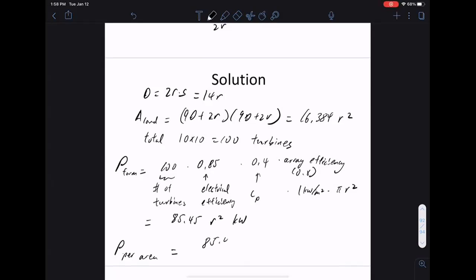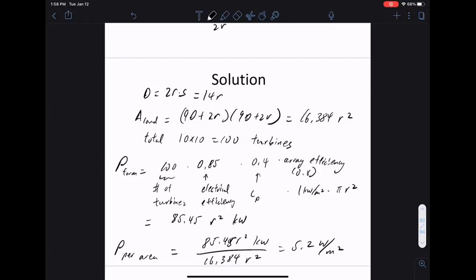Then I have the power production per area: the power I can generate over the total amount of land area I need, divided out, is 5.2 watts per meter squared. So this is the calculation for this question. 5.2 per meter squared is not that great, given the amount of land you have.